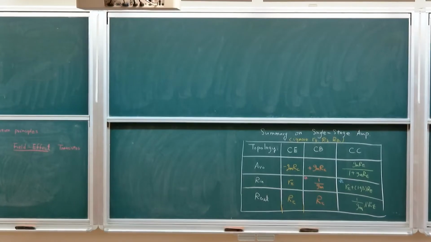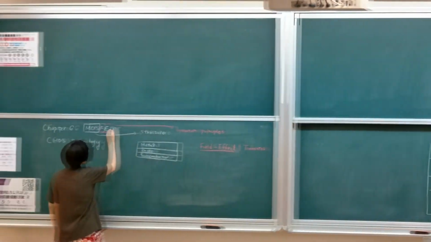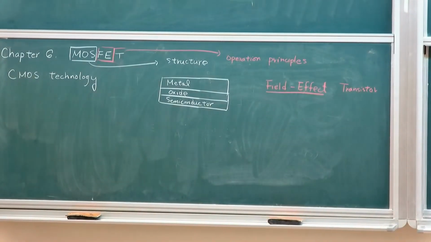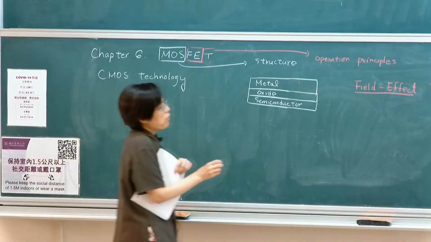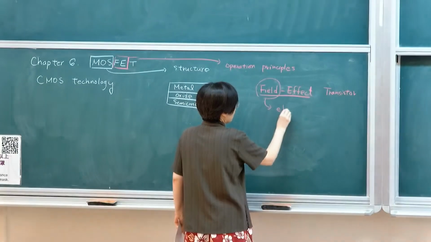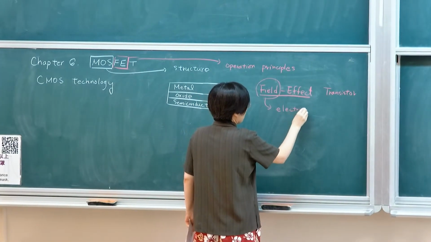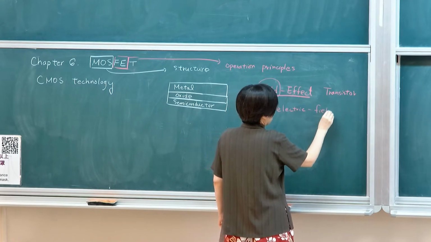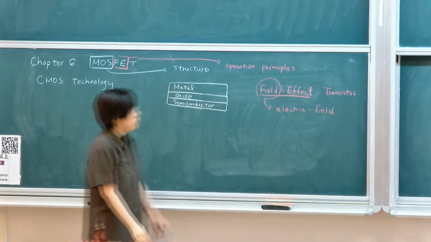FE is the operation part: it describes how this transistor operates, by field effect. Field simply means electric field. It's not magnetic, it's electric field.